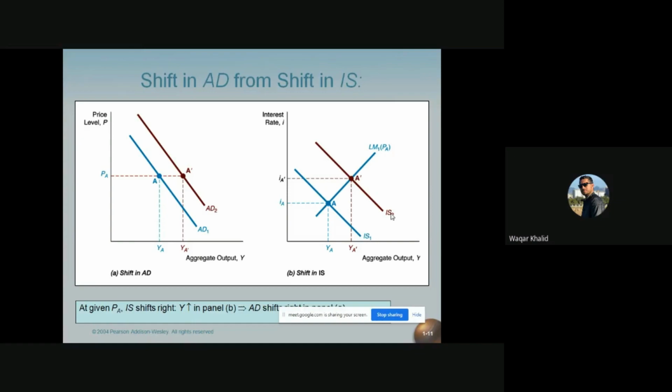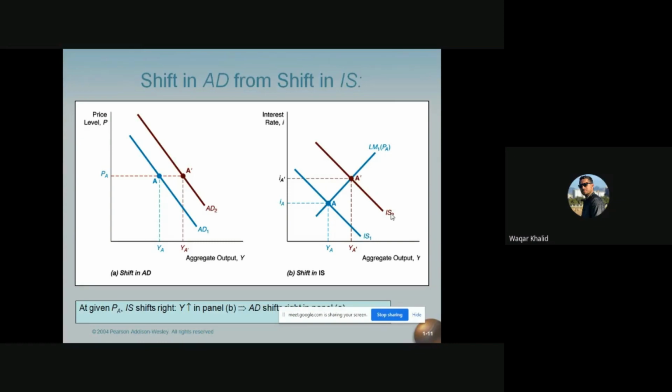Five factors cause the IS curve to shift. In the previous lecture, we talked about the five major factors affecting the position of the IS curve. Number one, changes in autonomous consumer expenditures. Number two, changes in investment expenditures related to business confidence.